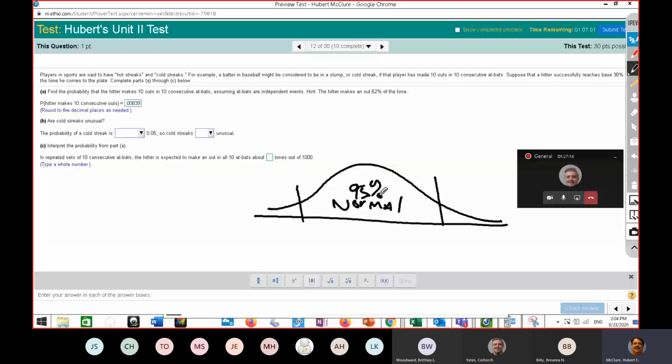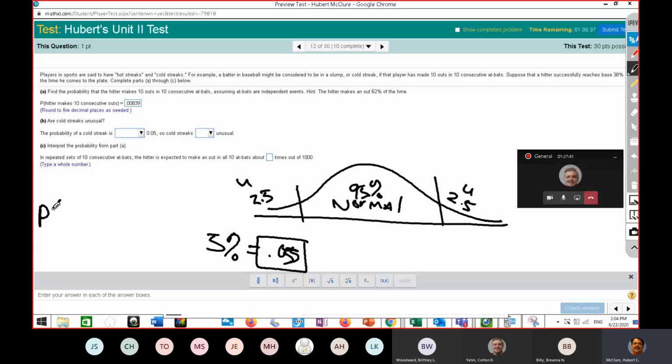And this is 2.5%, and this is 2.5%, which is unusual. And 2.5% and 2.5% is equal to what? 5%, which is equal to 0.05, which I like to call the nickel rule. If your probability is less than 0.05, then it's unusual. If your probability is more than 0.05, then it's normal or not unusual.